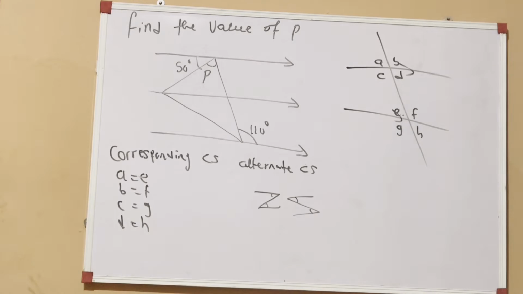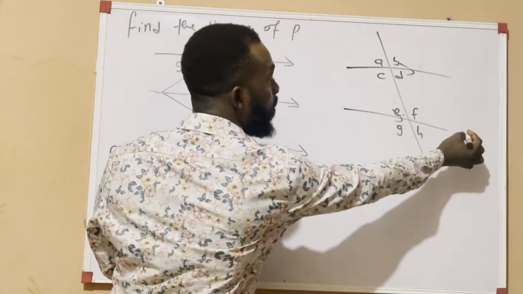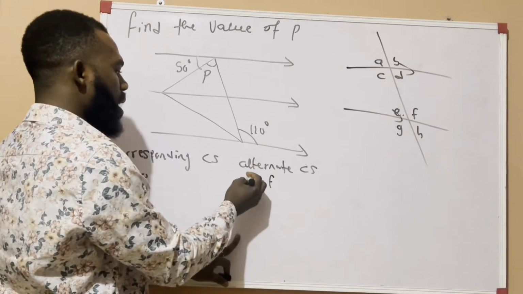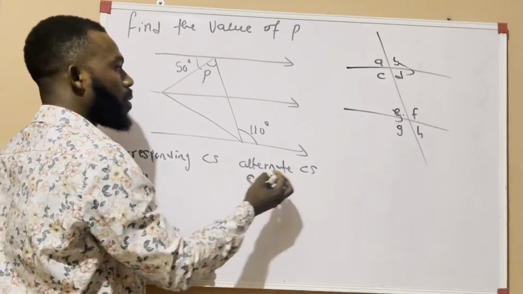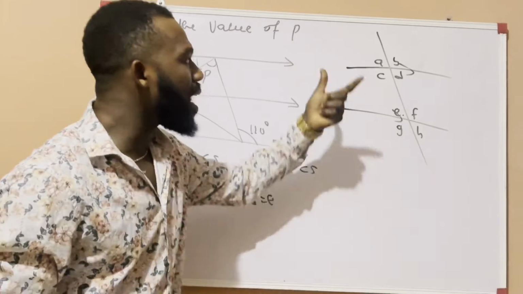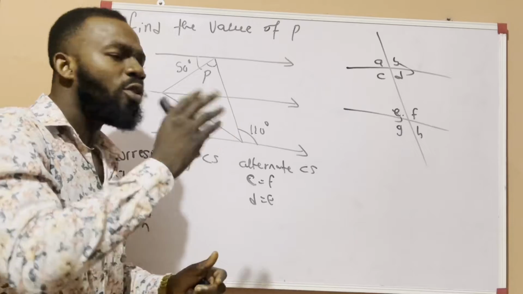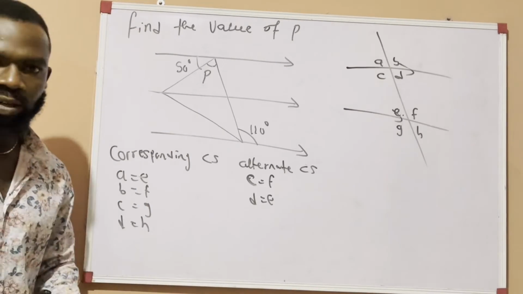So if we want to look at the alternate angles formed here, we are going to say C is equal to F because it has the shape of a Z. Alright, so C is equal to F and D is equal to E because it also has the shape of a Z. Are you with me? So now, the angles that are alternate to each other are C and F, and D and E. And don't forget, alternate angles are also equal to each other, just like corresponding angles.